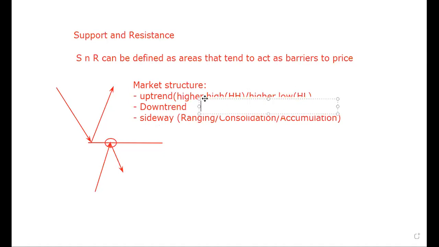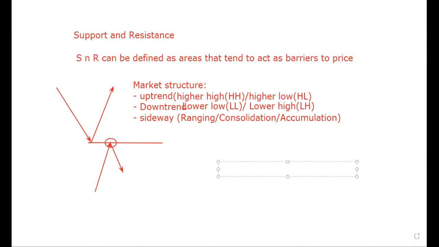Now, the second one. When the market is in a downtrend, the market will continue to form a lower low and a lower high. Then when we talk about ranging, it's just sideways, it's ranging, consolidating.